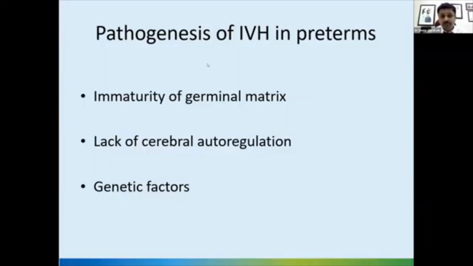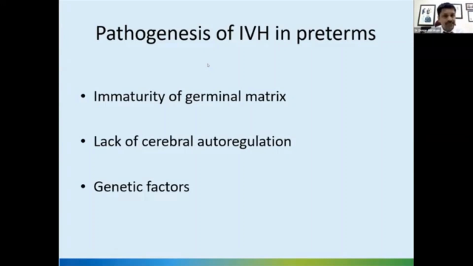The second most important factor is the lack of cerebral autoregulation. As we know, in extreme preterms, the ability of the cerebral vasculature to control the flow is minimal. So it is a pressure passive circulation. Any minor changes in the blood pressure are directly reflected into the cerebral vasculature, thereby adding fuel to cause that explosion.